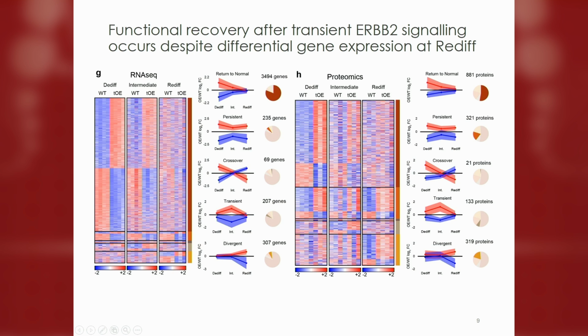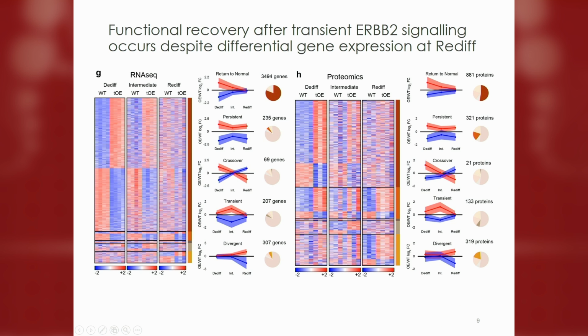This is a bit complicated, but we did an RNA-seq and proteomic analysis. You can see that a lot of these genes that are very much changed during the dedifferentiation go to an intermediate level, but eventually they go back to the same function.